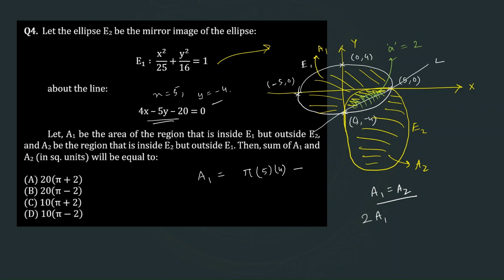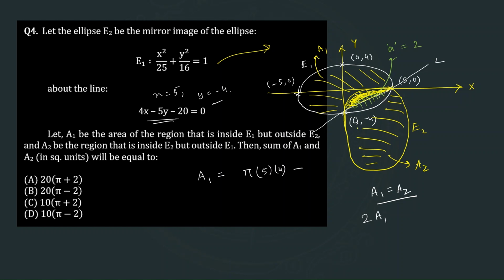Now we can say that as E2 is the mirror image of the ellipse E1 about this line, so 5 comma 0 will also be an end of major axis for ellipse E2. And similarly 0 comma minus 4 will also be an end of minor axis of ellipse E2.